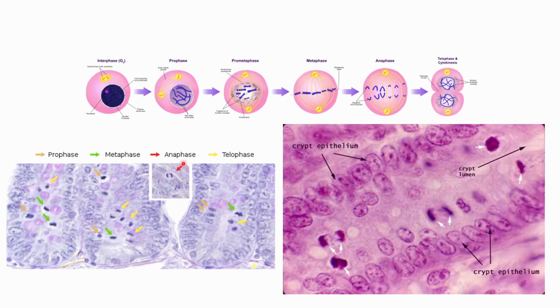So whatever stage it is, such as anaphase, prophase, or metaphase, here, here, here, they're all called mitotic figures, right? And as a histologist, you will not be required to identify which specific stage they are in.